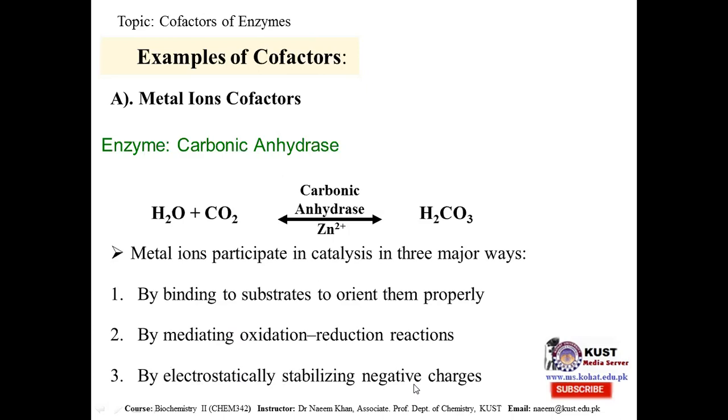Whenever there is a negative charge in a molecule, these metal ions come together and attach, and in this way the negative charge is stabilized. So metal ions help the enzymes to catalyze the reaction.